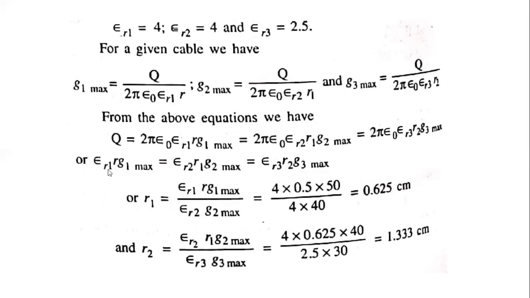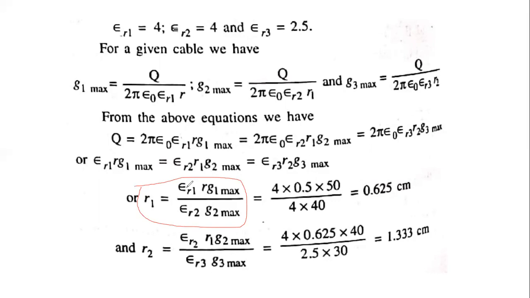By using these equations, we form the formulas for R1 and R2. What are the formulas for R1 and R2? Therefore, R1 is equal to epsilon R1 R G1 max by epsilon R2 G2 max.